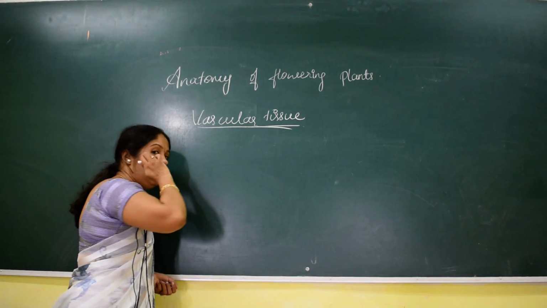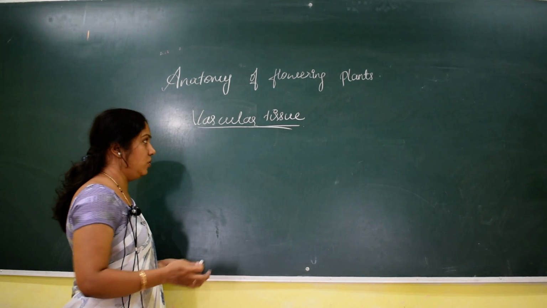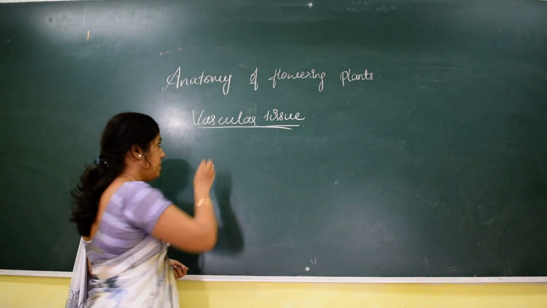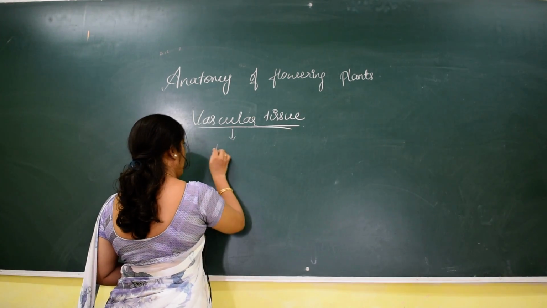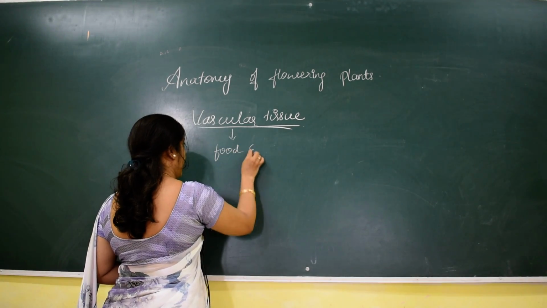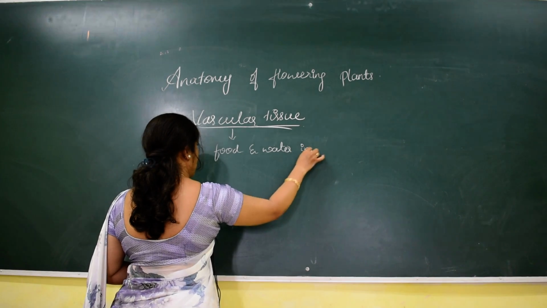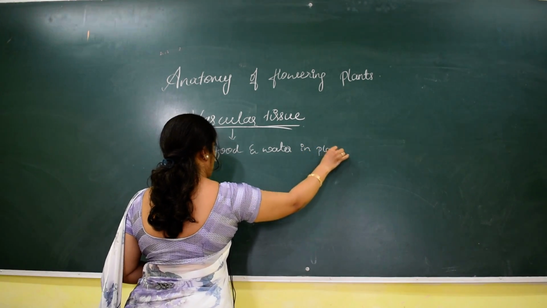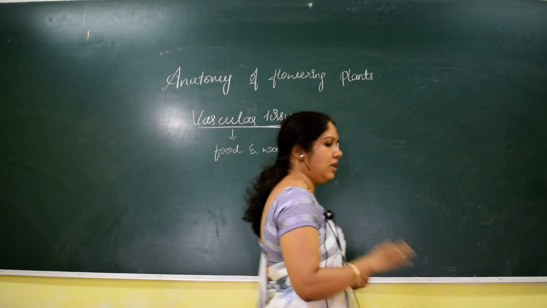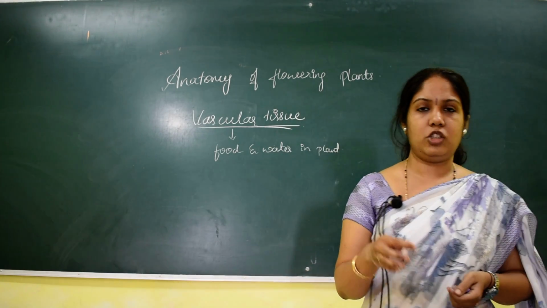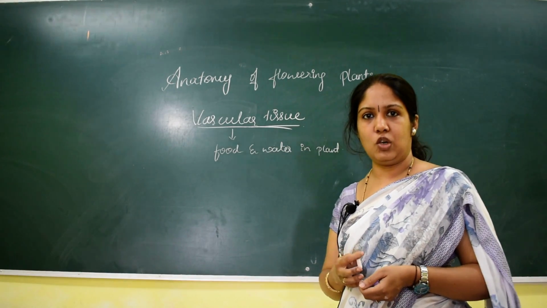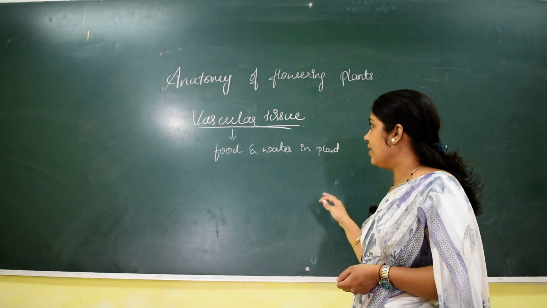The vascular tissue is a tissue which mainly helps in the conduction, or transportation, or you can also say translocation, of food and water in plants.